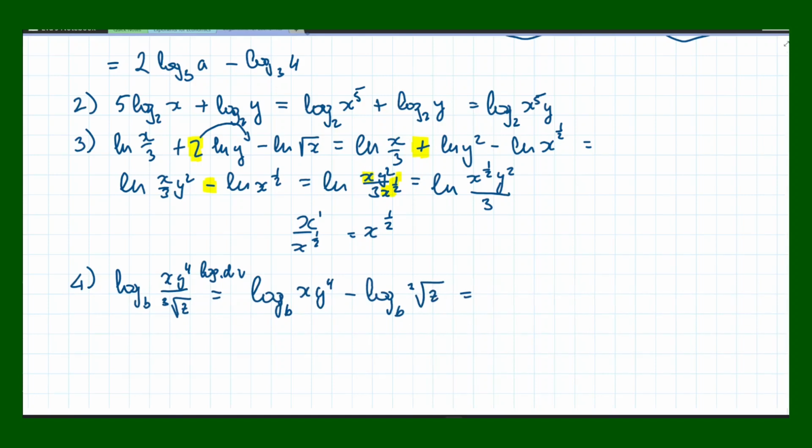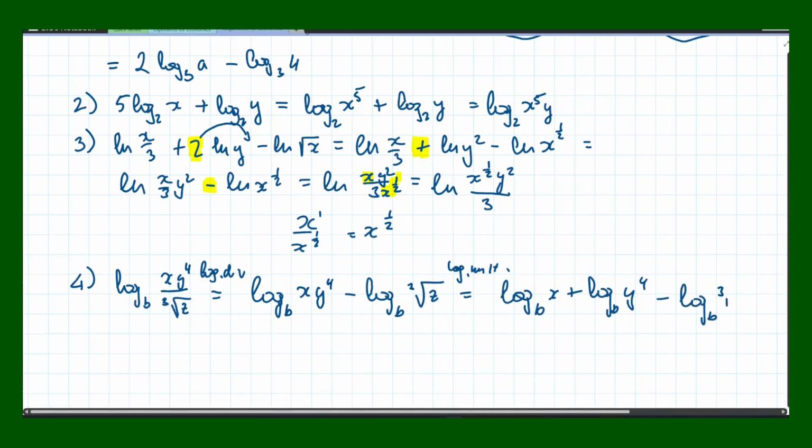Then next, I can apply the log multiplication rule, log multiply, because there's a multiplication between x and y to the 4. So log bx plus log by to the 4 minus log b cube root of z. That's going to be equal to, again, what I'm going to do now, I'm going to use the log exp rule.